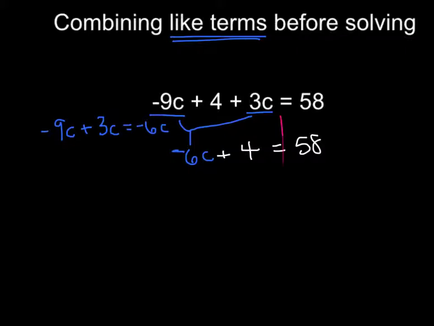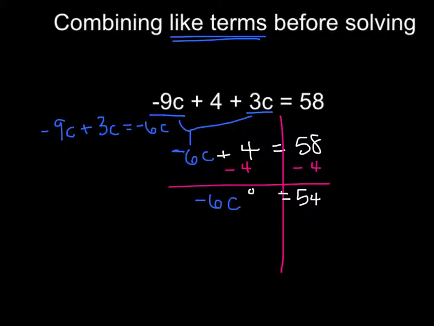Now we can just simply solve using inverse operations and working backwards. So our very first thing of working backwards, we're going to subtract 4 from both sides. Remember, we're going for addition and subtraction first, for our inverse operations. So we end up getting 0 right there is equal to 58 minus 4 is 54. And we still have our negative 6 times c.